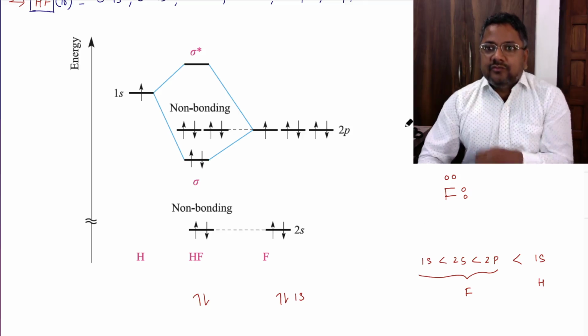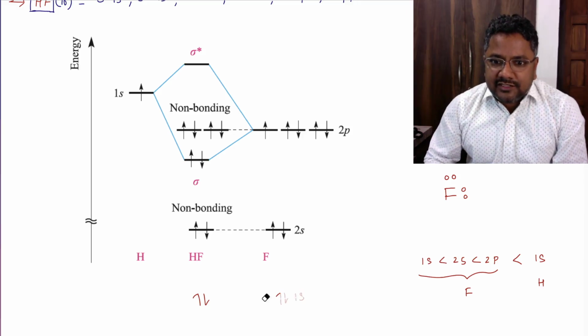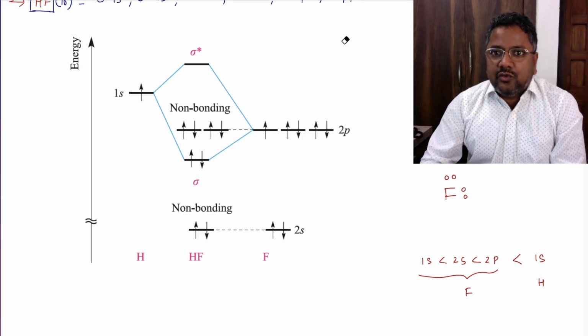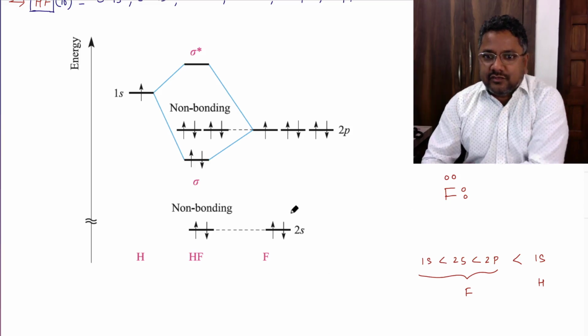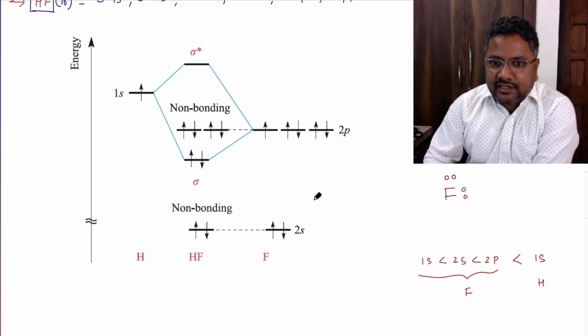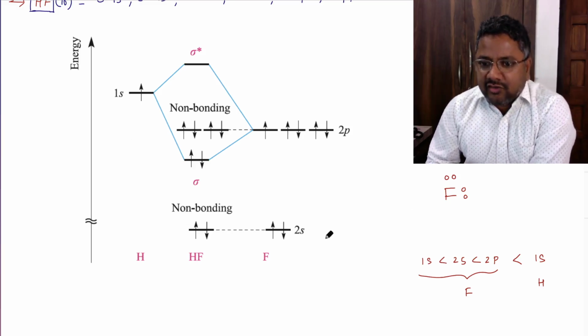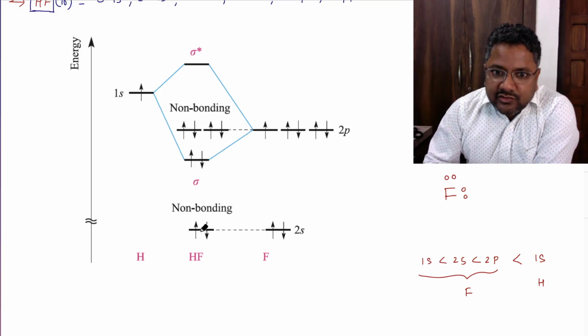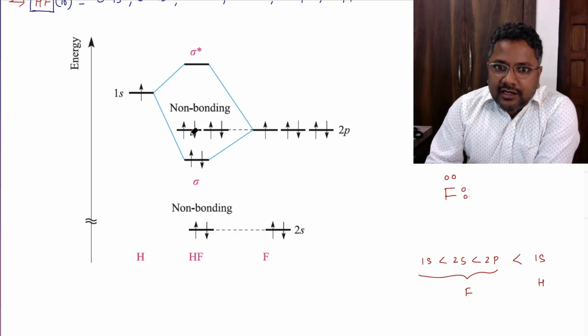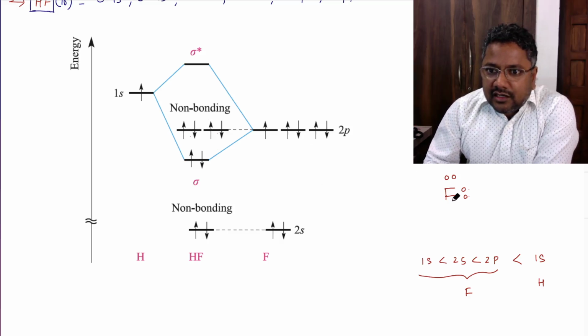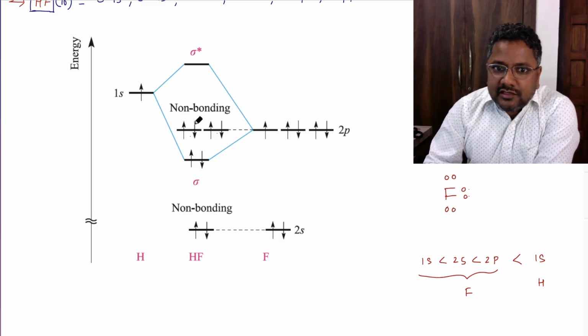So what will happen? Don't show this 1s because this is in the core, right? Here we show only the valence shell, so don't show this. Only this valence shell configuration is here. I am not considering 1s here for fluorine. So this is a non-bonding lone pair, and two here non-bonding, so two lone pairs are seen here.